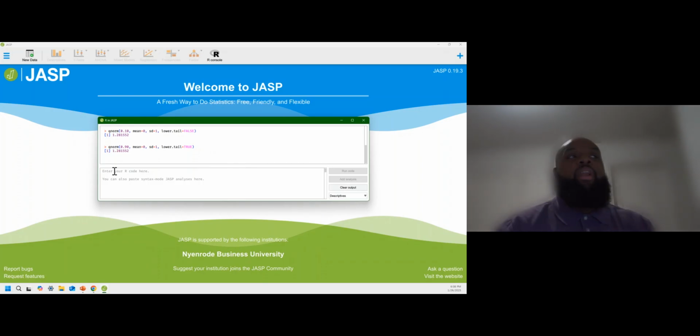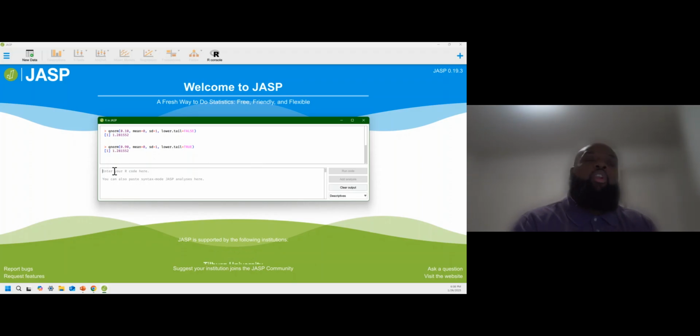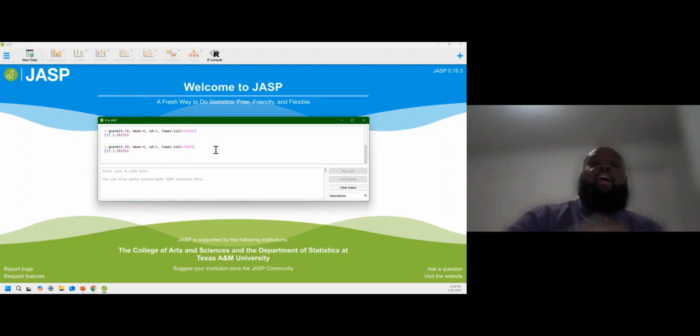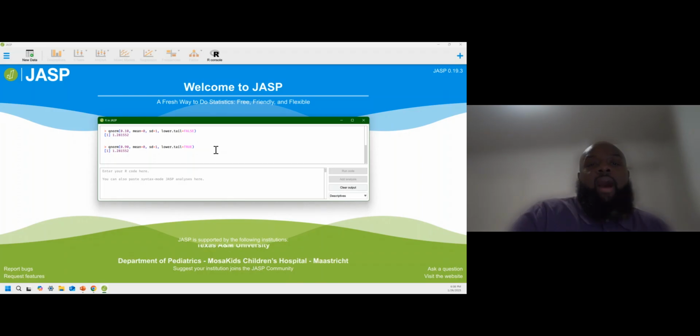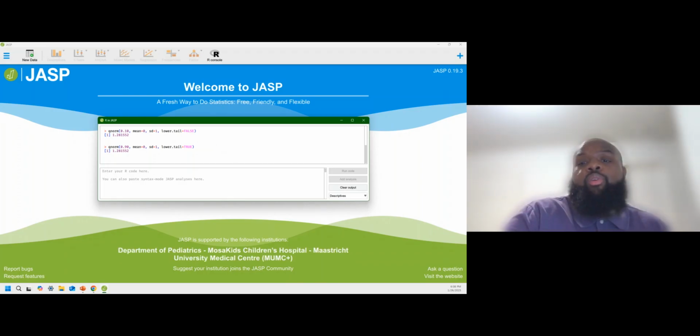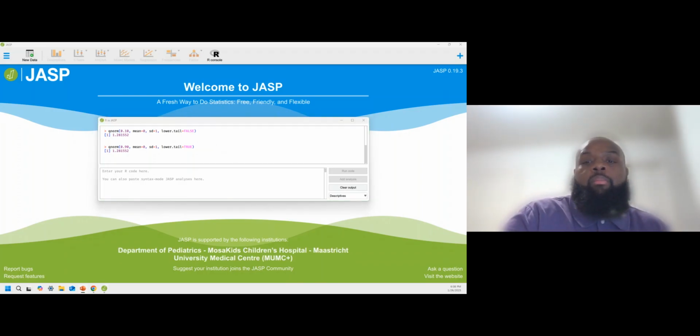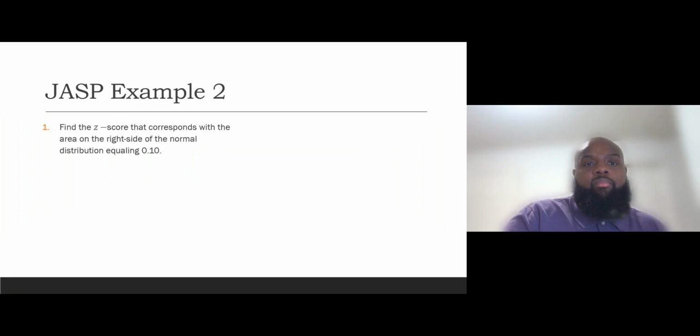If you get comfortable with this qnorm and this pnorm function, you can do without having to type in so much. Since our focus is not on statistical programming in this course, I'm not doing all that, but do know that you can adjust things to make things a little less tedious. I just wanted to point that out. I always find things like that very interesting.